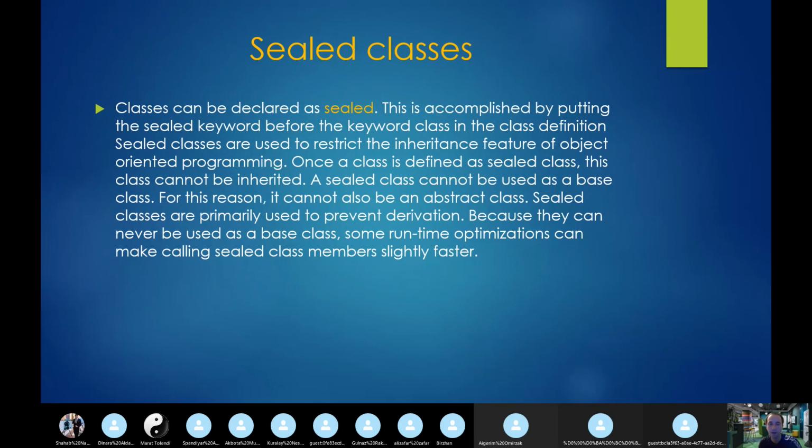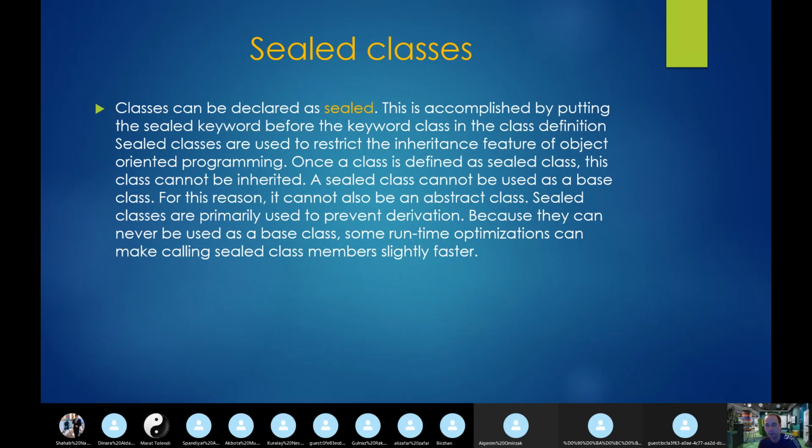In the sealed class, it is oppositely, we cannot inherit from this class. Once a class is defined as sealed class, this class cannot be inherited. And it cannot be used as a base class.